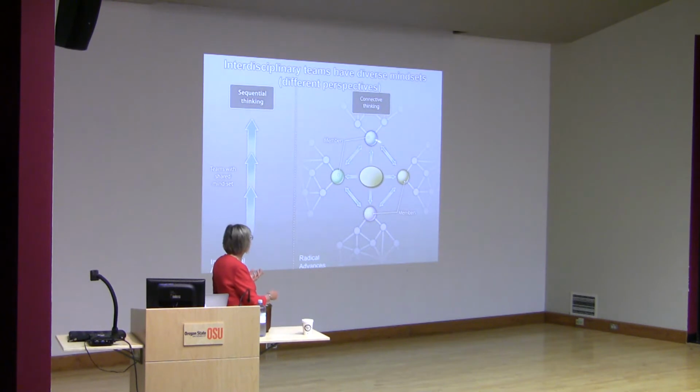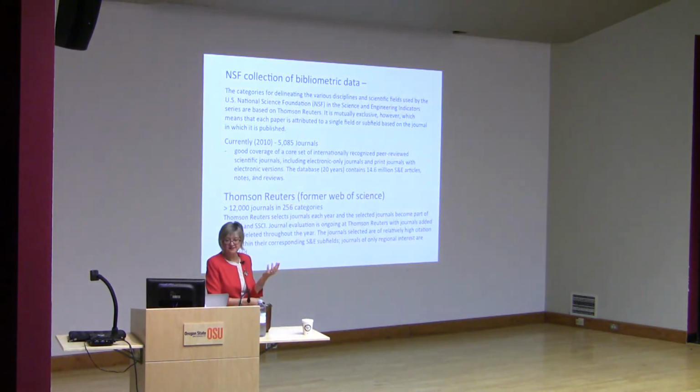So this is really a very fluctuating and dynamic system. And in this way, you have a much more connective type of thinking going on, which can lead to more radical advances in science, I would argue.